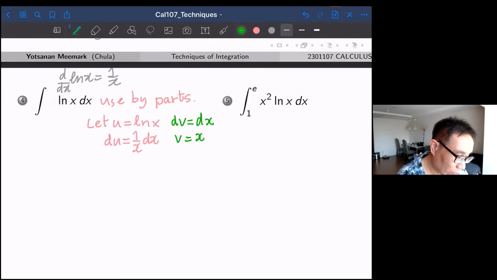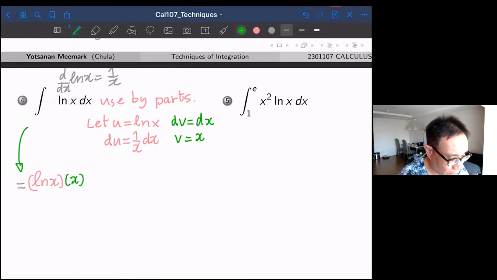And then this one is very nice for doing by parts. So this turned out to be uv, so it's going to be log x multiplied with x, minus the integral of v, which is x, and du, which is 1 over x dx.